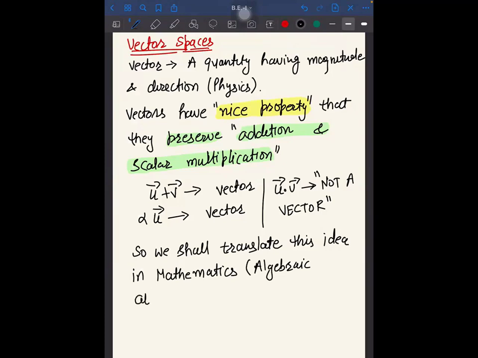On the basis of those properties, we'll say whether a set forms a vector space or not. Now, magnitude and direction will no longer be the point of focus. We'll be more concerned about the algebraic properties possessed by the vector space. And we shall talk about those properties in the detailed definition of the vector space. So let's see.